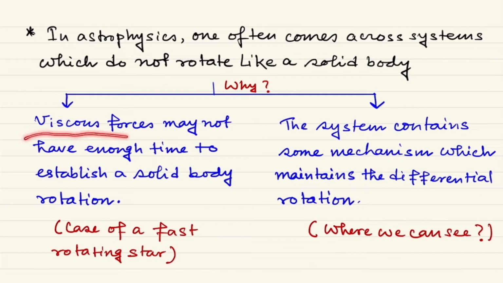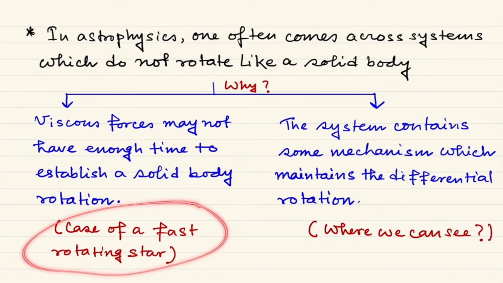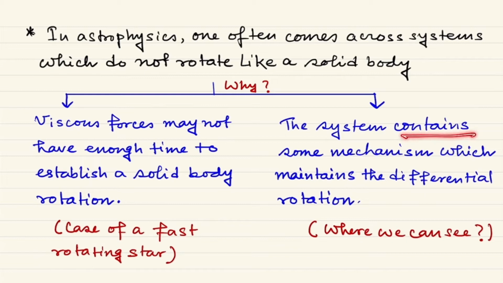One is that the viscous forces may not have enough time to develop and establish a solid body rotation, meaning the system is rotating very fast. That is the case for a fast rotating star, which we will not discuss here in detail, just for your information. Another possibility is that the viscosity has time to develop, but the system contains some sustaining mechanism which maintains the differential rotation.